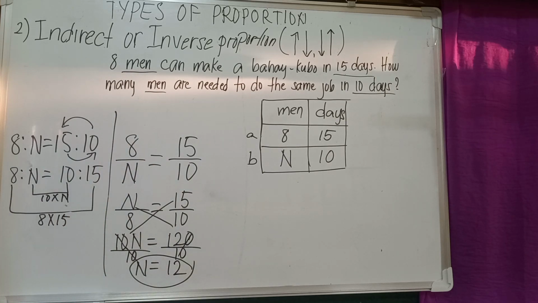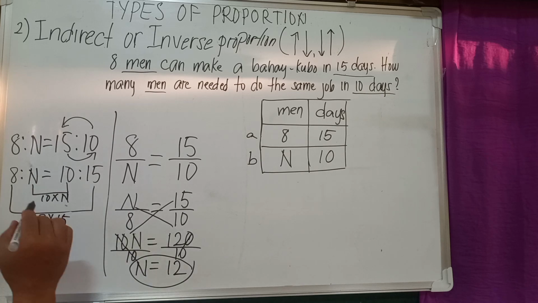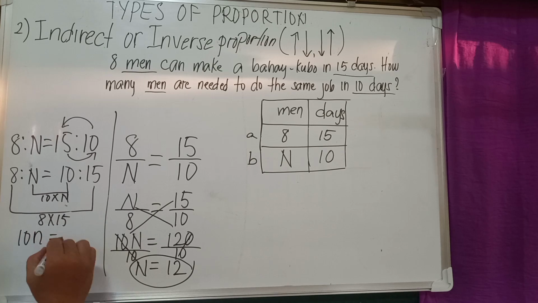Okay. Let us answer. We have, hanggat maaari, uunahin nyo lagi yung may variable. Ha? Para dito siya lagi sa left side. 10 times n, that is 10n. Equals, multiply the extremes, 8 times 15 is 120.